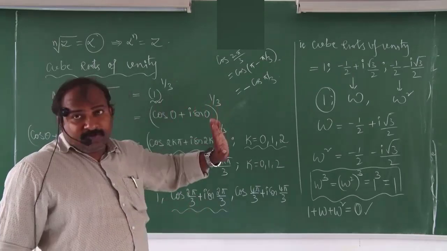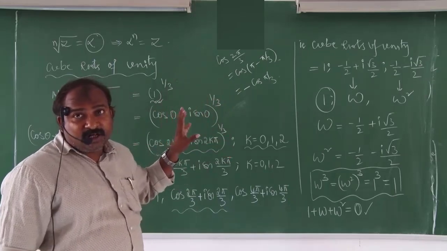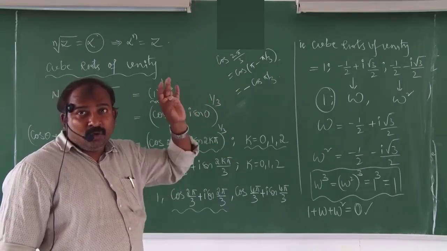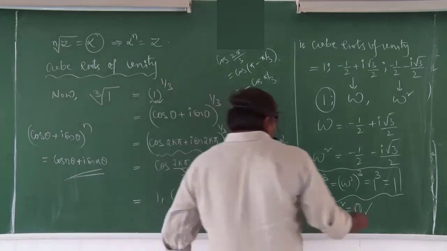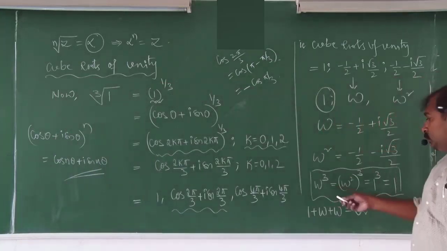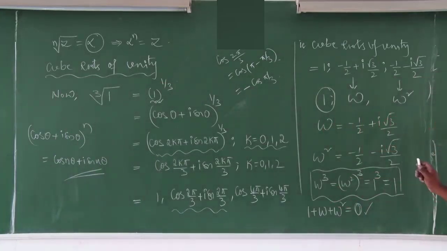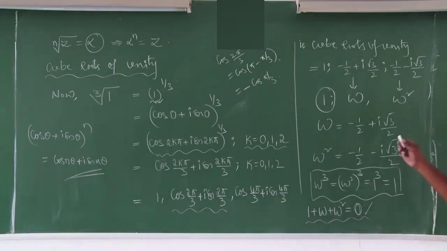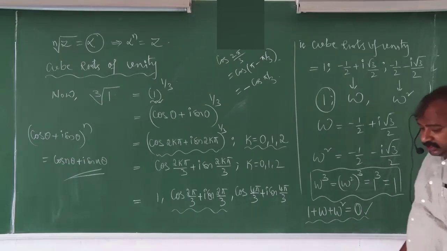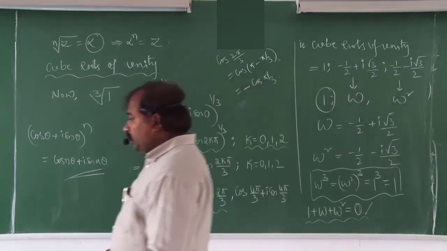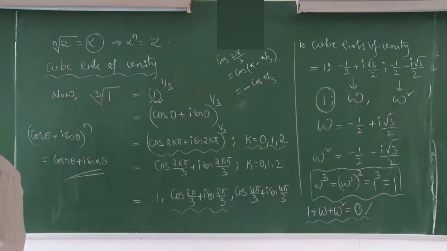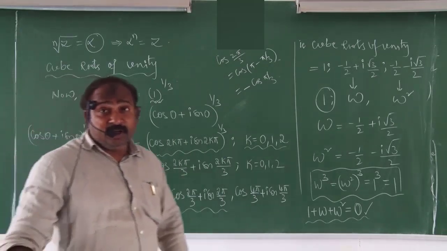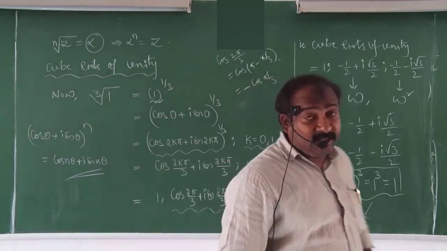But this is the cube root of unity: the roots are 1, omega, omega square, with 1 cube equal to omega cube equal to omega square whole cube equal to 1, and 1 plus omega plus omega square equal to 0.